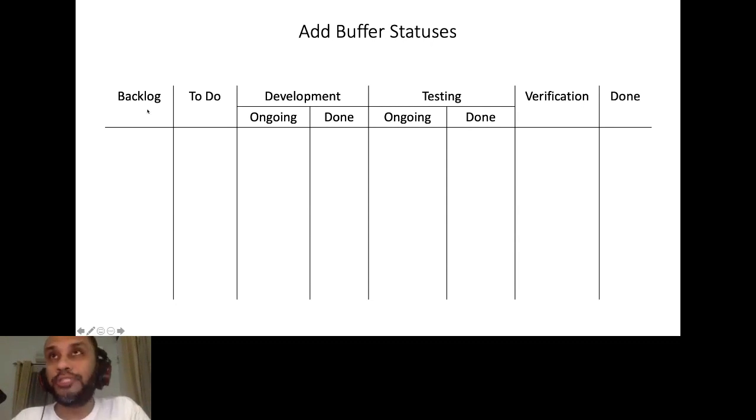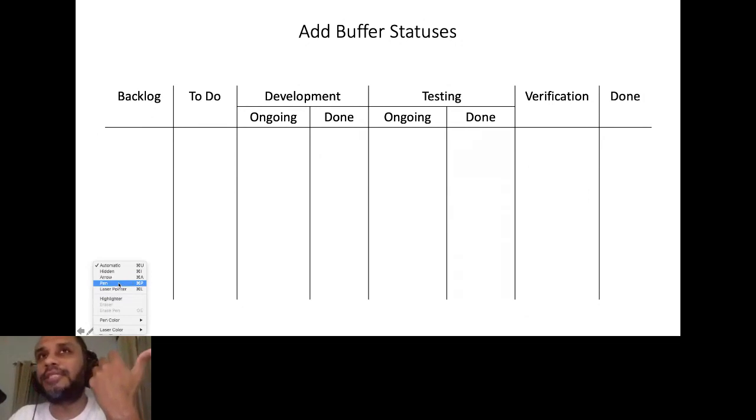So we have our to-do state. Then development can be in progress state, and testing can be in the done state, right? So basically what is happening is when we take a workflow, there are instances where there's a handoff of work.